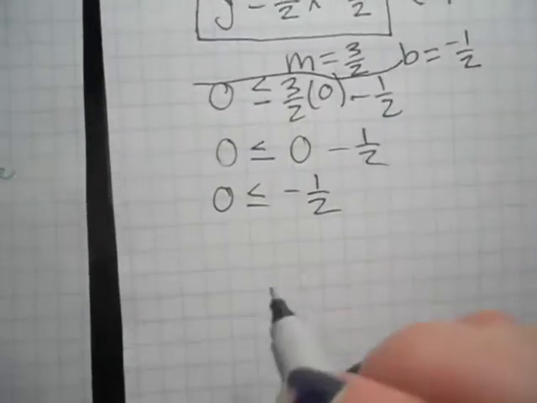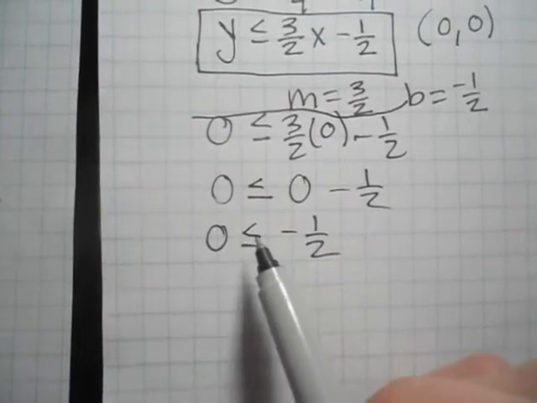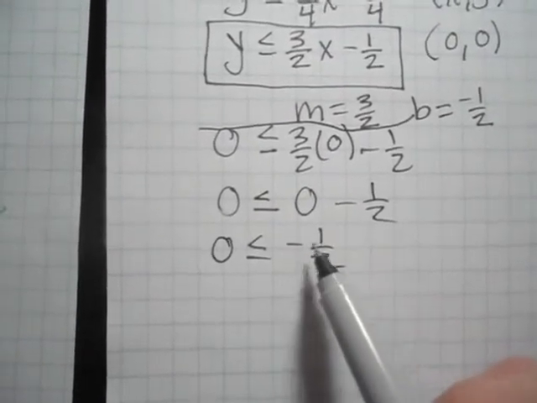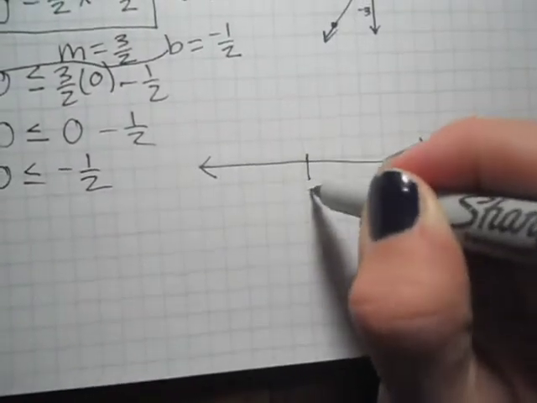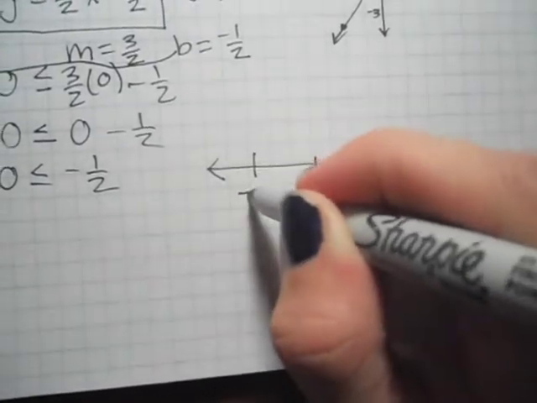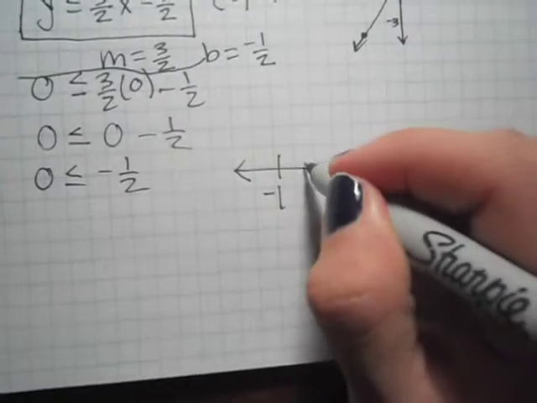Okay, so now we ask ourselves, is this true? Is 0 less than or equal to negative 1/2? Think about a number line. Here's 0. Here's negative 1. Here's positive 1. Negative 1/2 is here.